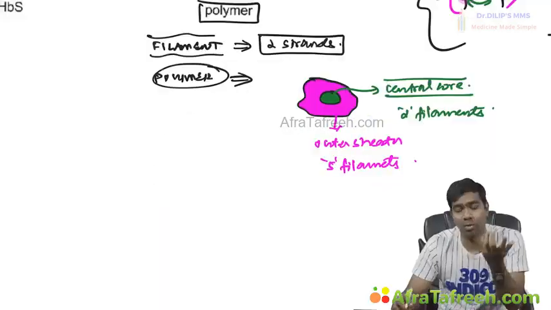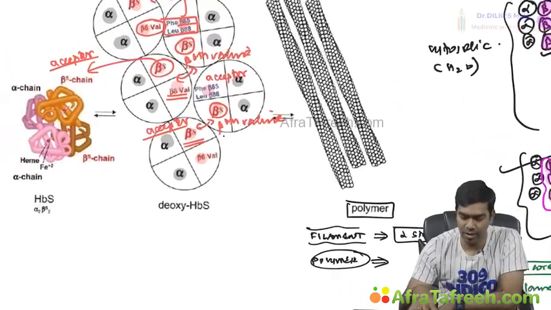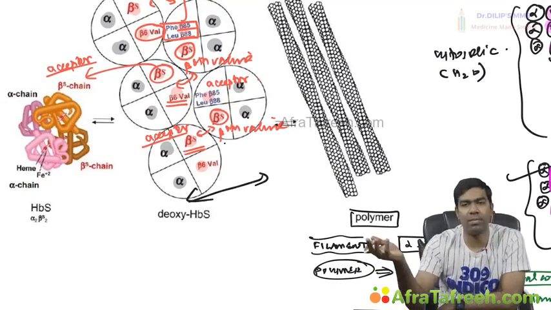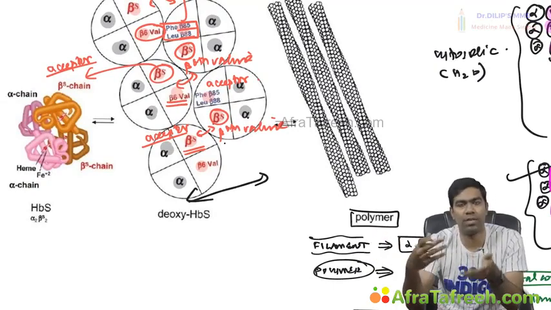So you have a total of 7 filaments or 14 strands. Both are correct. So this is what we are going to take as 1 strand. Similarly, many multiple strands join together to form filaments. Many filaments join together to form a sickle polymer.